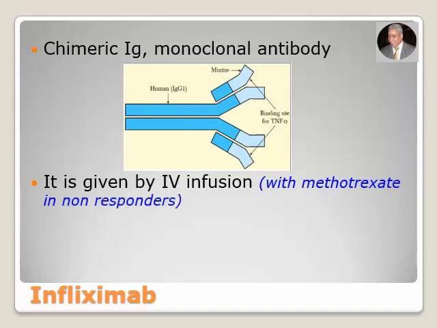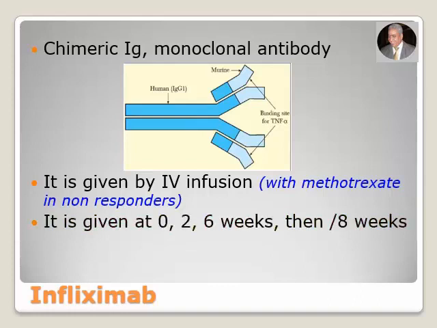Again, it is used in non-responders to conventional drugs and etanercept, together with methotrexate. However, it is not given subcutaneously as etanercept, but is given by intravenous infusion. It is given more frequently initially, but the maintenance dose is every 2 months.